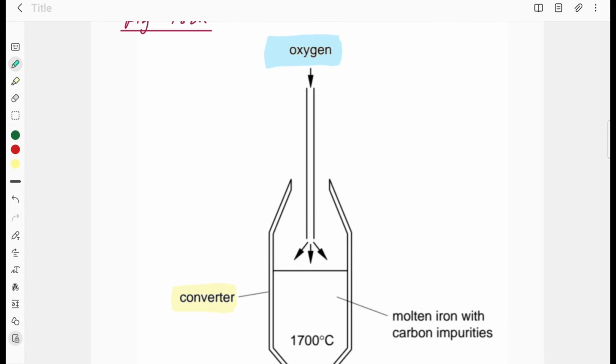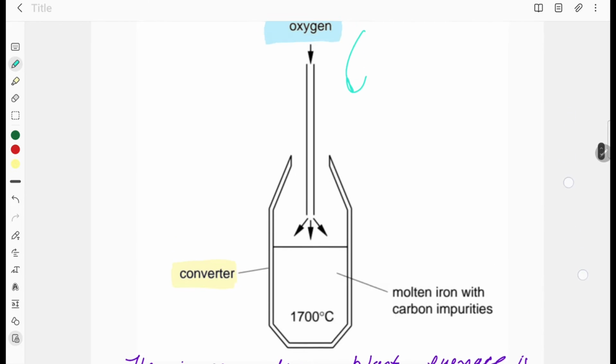In this converter, we take pig iron and introduce oxygen from the top, and this oxygen removes carbon.